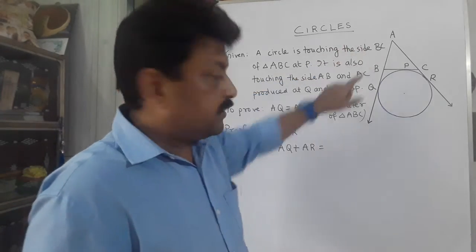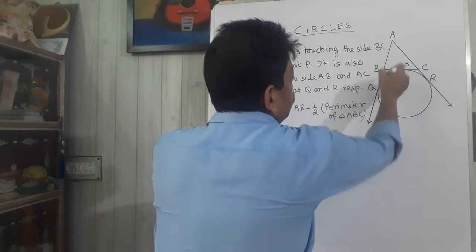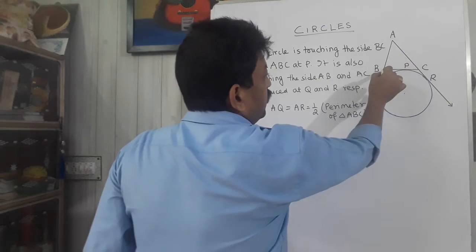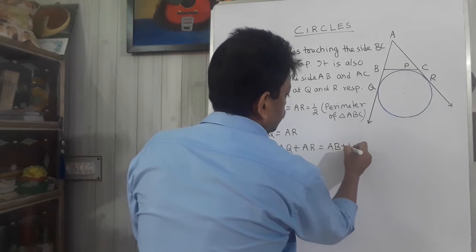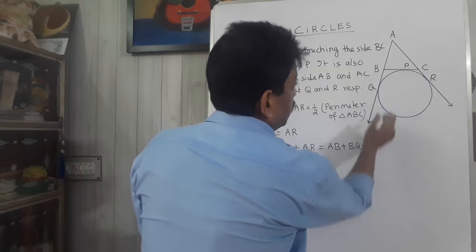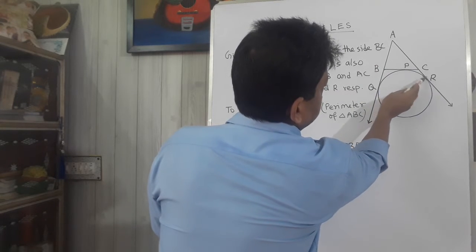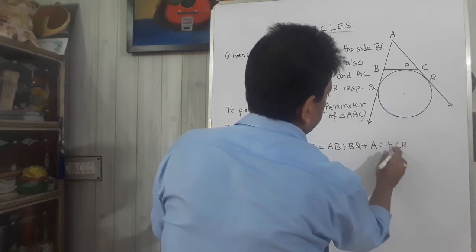AQ plus AR can be written as AB plus BQ, means AQ is written as AB plus BQ, and AR is written as AC plus CR.